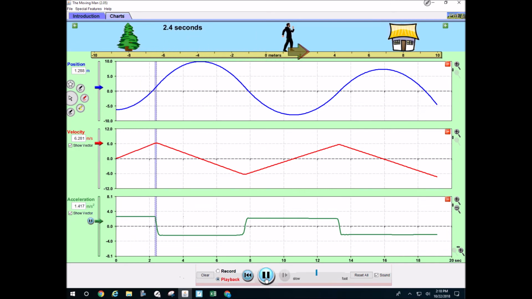Speeding up, slowing down. Stop, speeding up, slowing down. Stopped, speeding up, slowing down, stopped, speeding up. Okay? It's all about derivatives. Beautiful.